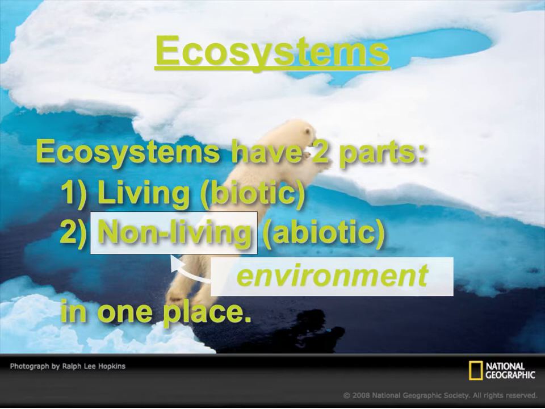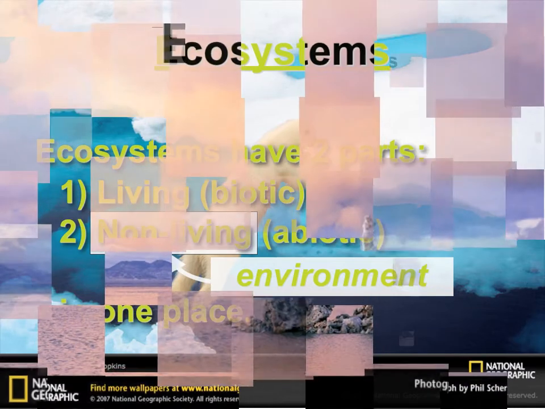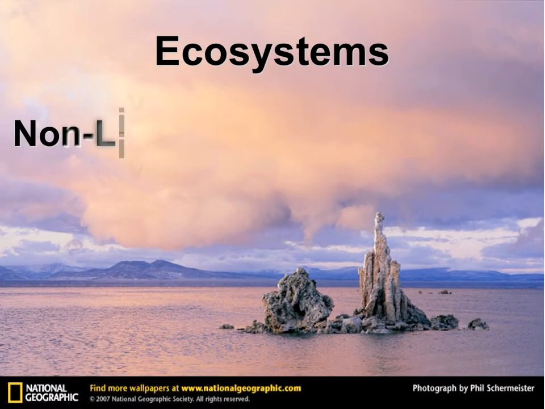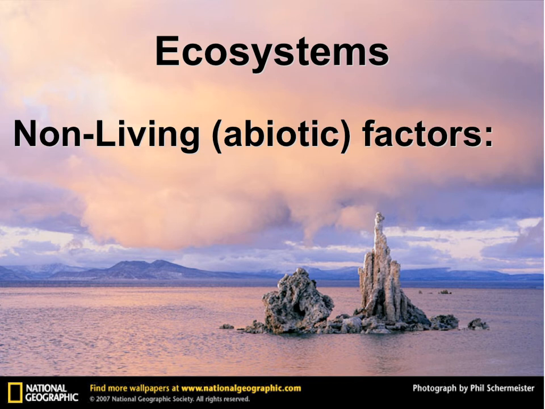So when you take the non-living parts, the environment, and you combine it with all the living parts, you have an ecosystem. Let's talk a little about those non-living, or abiotic, factors that make up the environment.